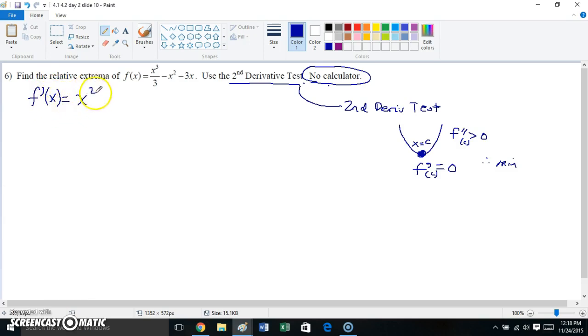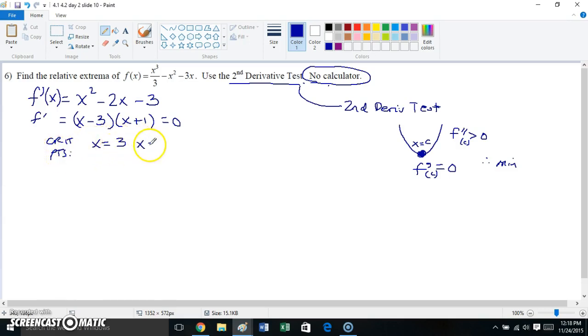So that would be x squared minus 2x minus 3. All right, this first derivative factors into x minus 3 and x plus 1. So this function has critical points at x equals 3 and x equals negative 1.